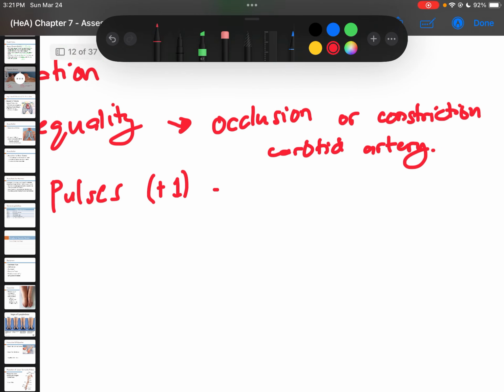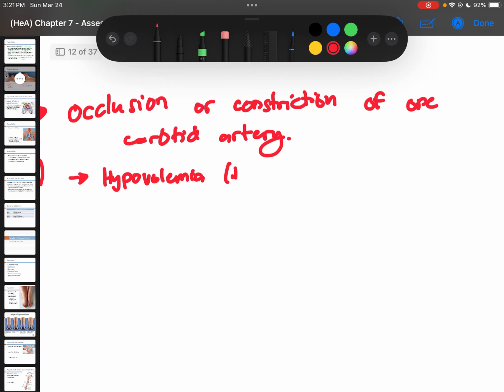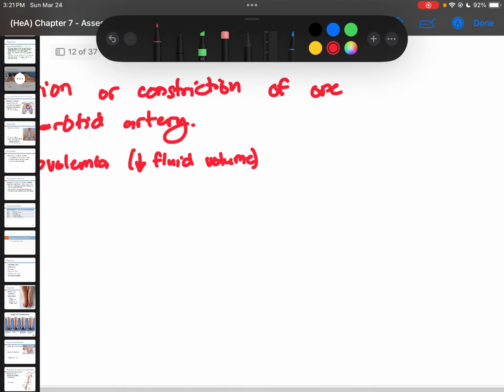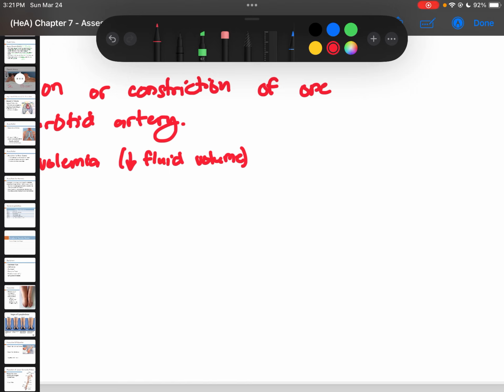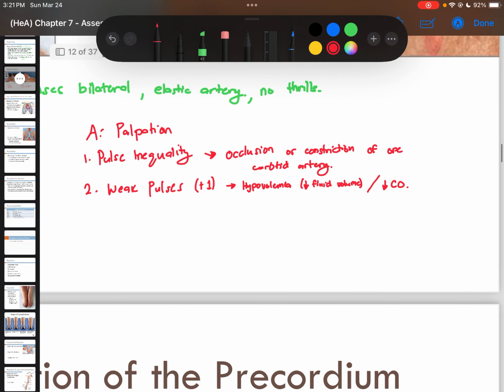Now, this is caused by hypovolemia, which is the term we use to describe decreased fluid volume, or fluid volume deficit. Aside from that, it could also be caused by decreased cardiac output.